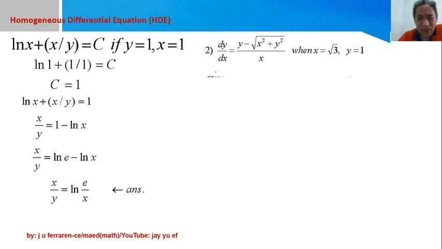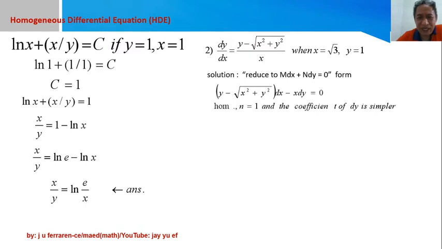So the numerator of my fraction here, y minus the square root of x squared plus y squared, is multiplied with a dx. That's equal to x dy. And if I transpose my x dy together with a dx term, I have a term which is minus x dy equated to 0.